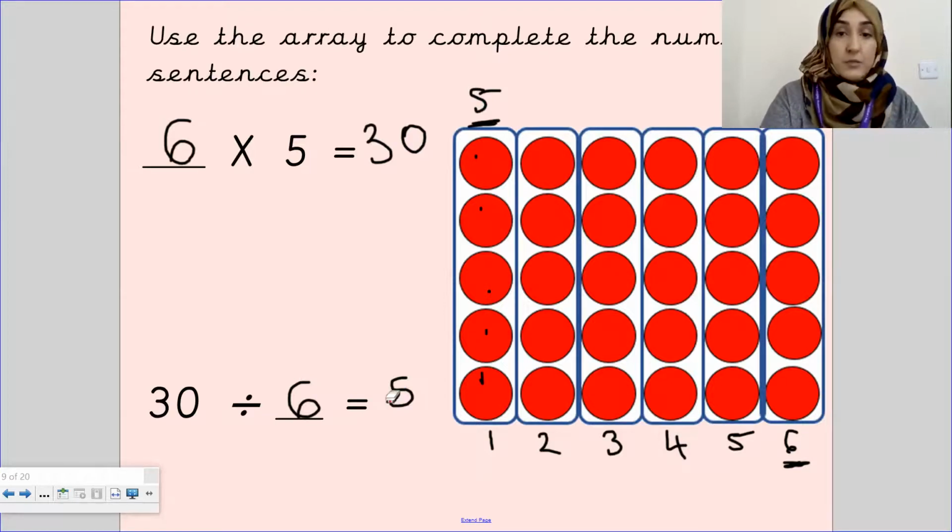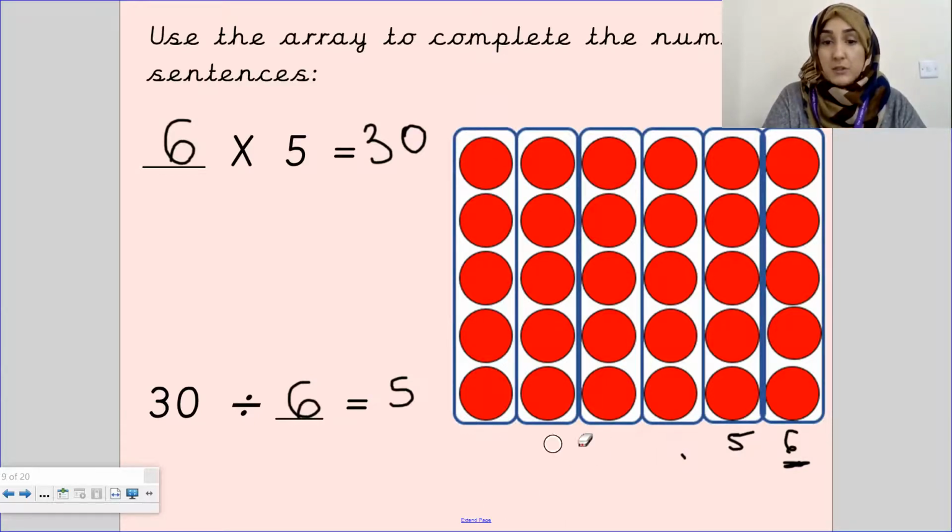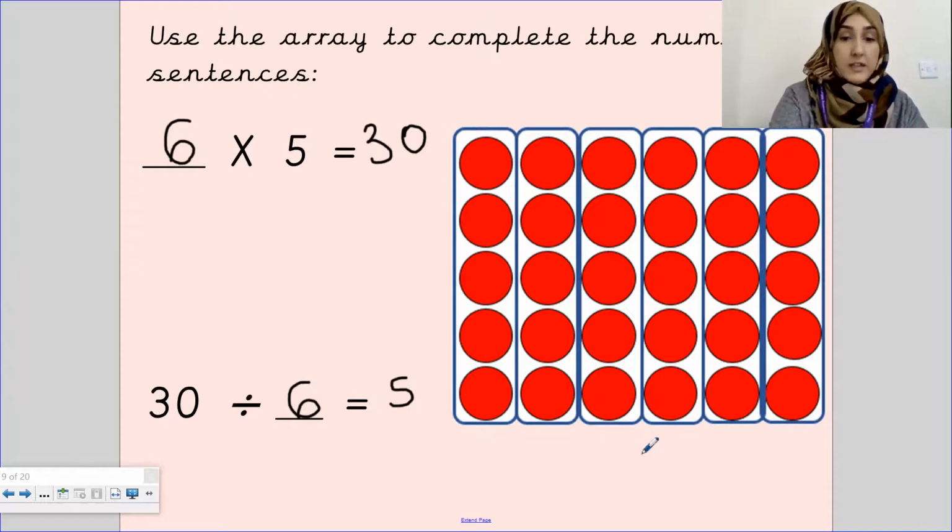So if I get rid of all this writing so it doesn't distract you, and if you just focus on the division sentence and the multiplication sentence, okay, so first we did the multiplication sentence: 6 groups multiplied by 5 equals 30. Our division sentence was 30 counters divided by 6 groups equals 5 in each group.